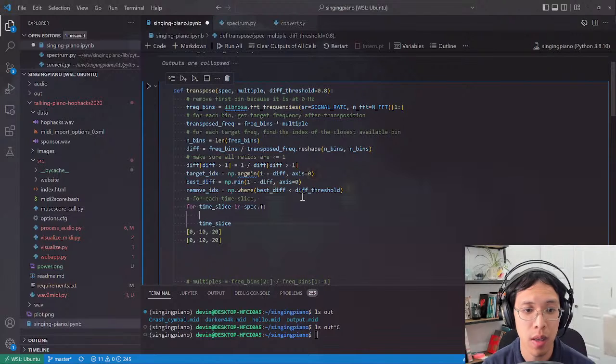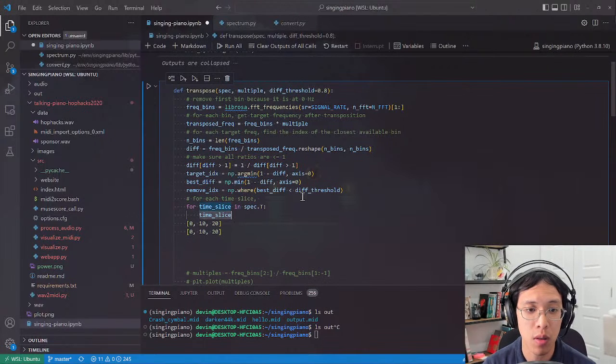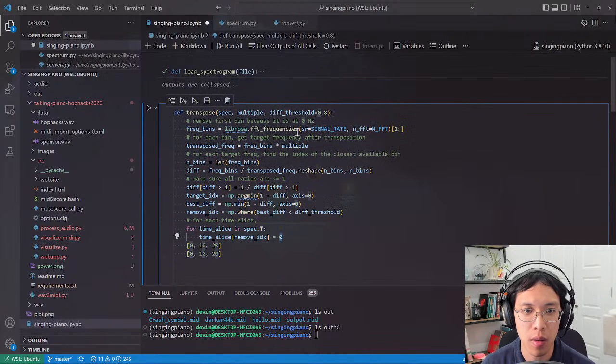So basically, when I get this time slice, the first thing I'm going to do is take all the places that are in these remove indices and just set the amount of energy in those to 0 or something like that. Yeah, actually, I don't know if 0 is the right number because I'm not sure what format the spectrogram is in, because if it's in decibels, 0 is not the quietest you can get, right? But we'll just say to do here.